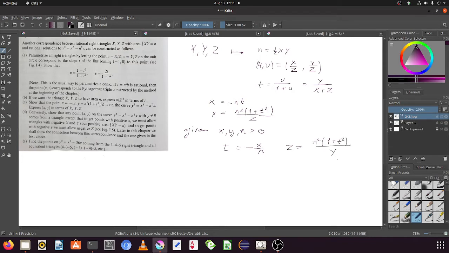This is possible because y is distinct from 0. I should write it not as a capital Y, but as a minuscule y.